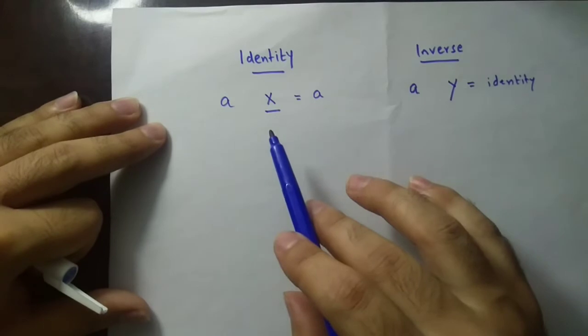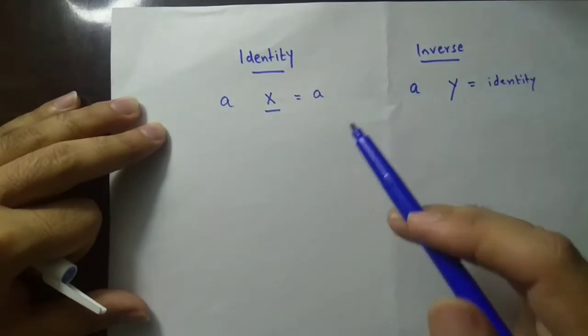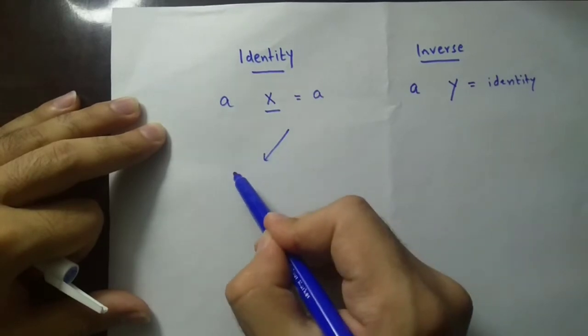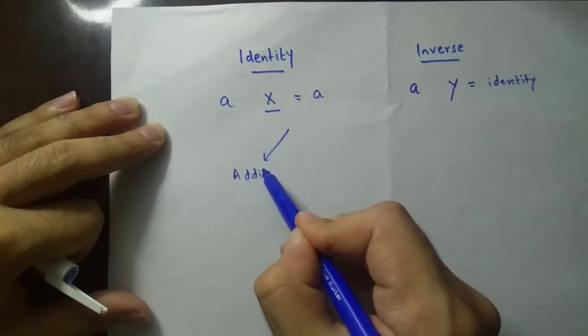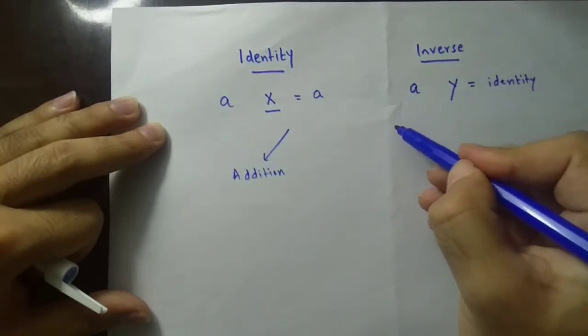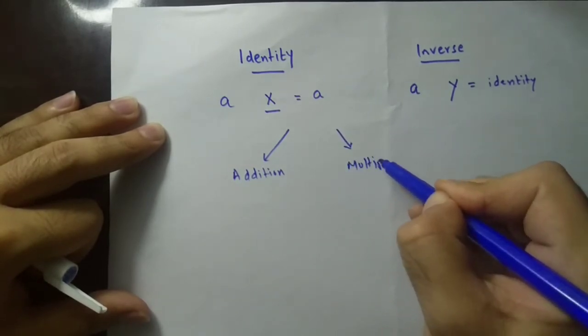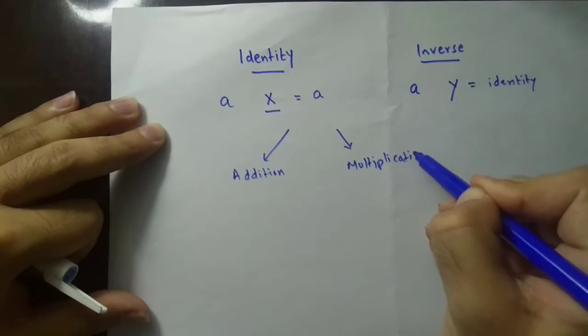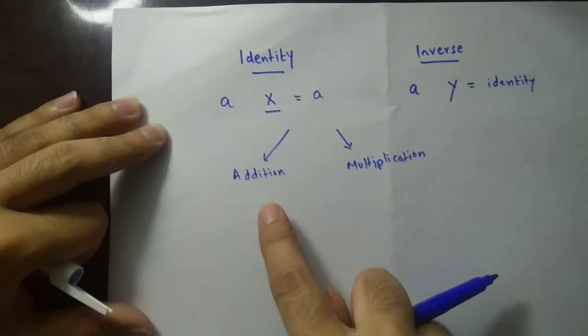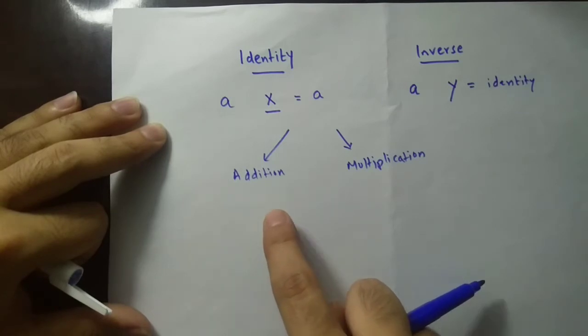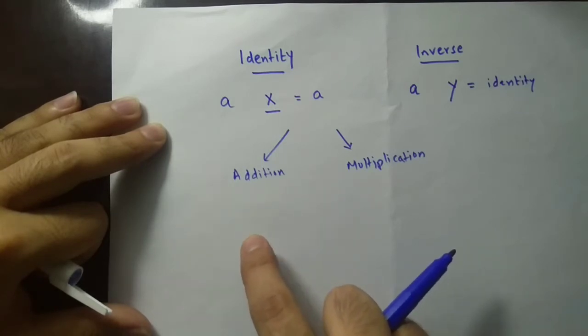Now these identities and inverses are further classified into two different portions. One is known as addition and the next one is simply multiplication. Now in addition, what is that specific number which when added to another number has no effect on it?